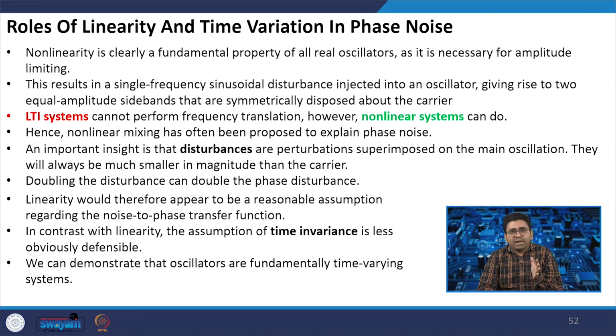Now, what will happen? This results in a single frequency sinusoidal disturbance injected into the oscillator, and it will give rise to two equal amplitude sidebands, which are symmetrical above the carrier.